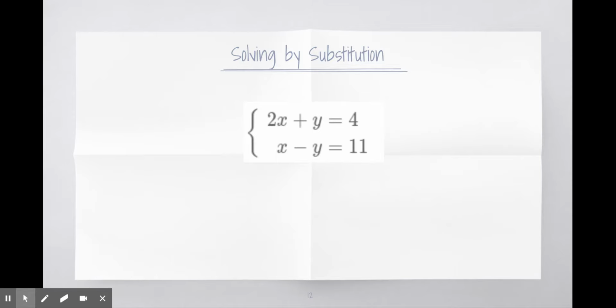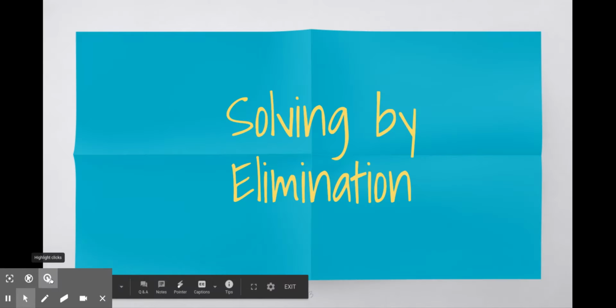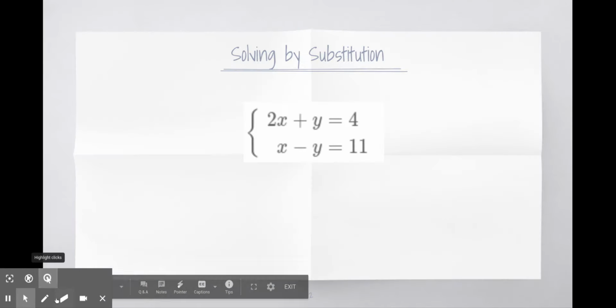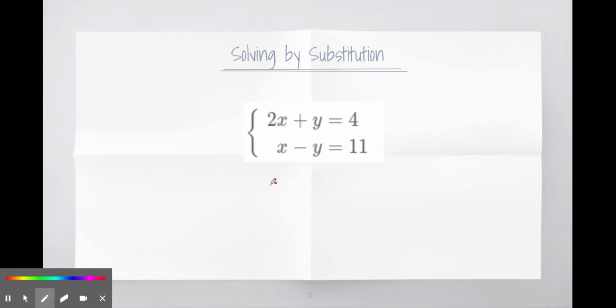And I'm going to show you how to solve this system, both with substitution and elimination on the same system of equations, so you can see that you've got some choice there. So I'll start out with substitution. And in order to substitute, I need to rewrite one of these equations in terms of x or y. And so I'll start by just adding y to each side of this equation.